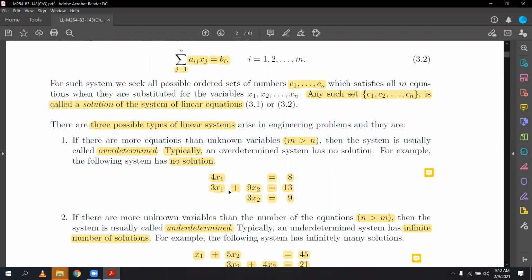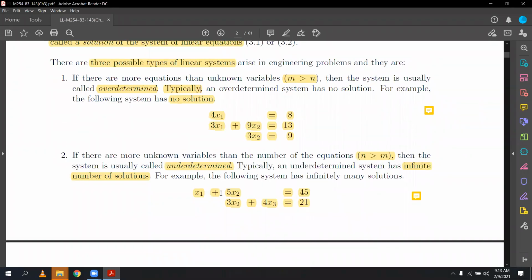When you put x1 as 2 here and x2 as 3 here, 3 times 2 means 6, 9 times 3 means 27, and 6 plus 27 is 33. 33 is never equal to 13. This means this equation is not satisfied. If any equation of the system is not satisfied, you simply say that it is a wrong solution. That means we have no solution here.